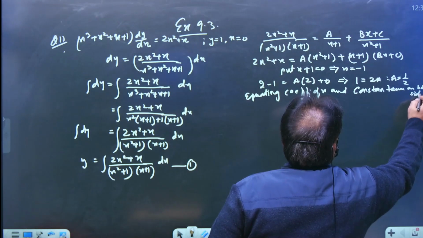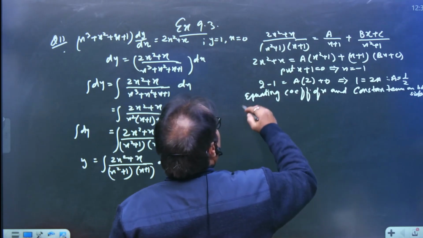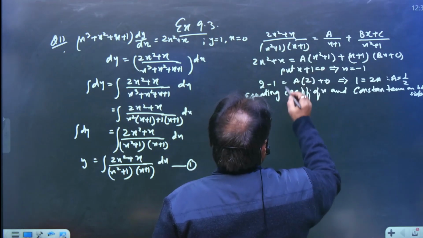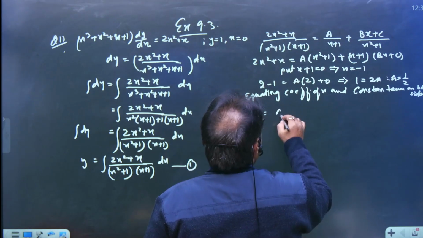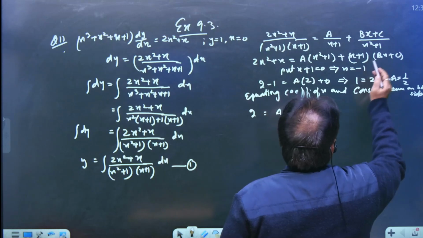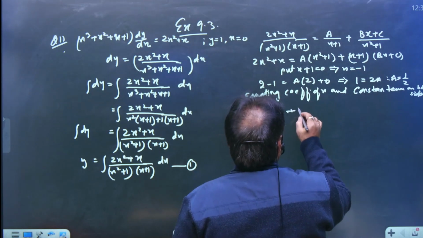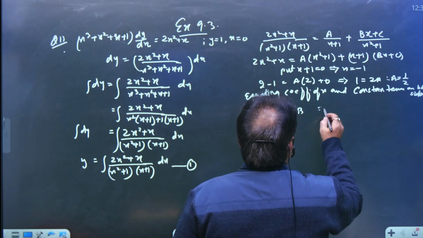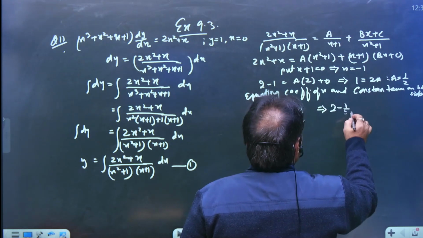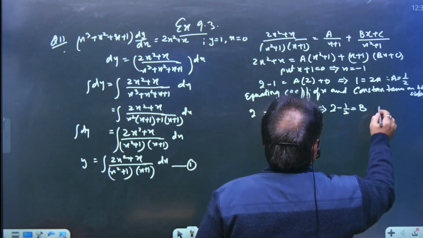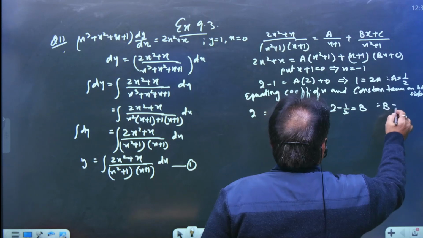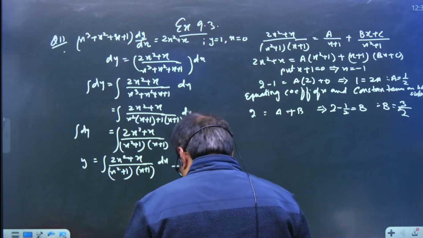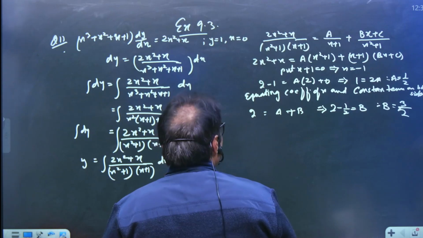Here the coefficient of x² on the left is 2, and on the right the coefficient of x² is A, and x into Bx gives B. The value of A we already calculated, so 2 - 1/2 = B. Therefore the value of B is 3/2.